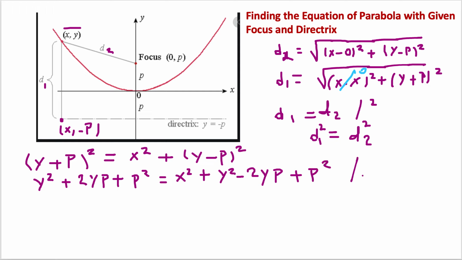Now I subtract y squared and p squared from both sides.